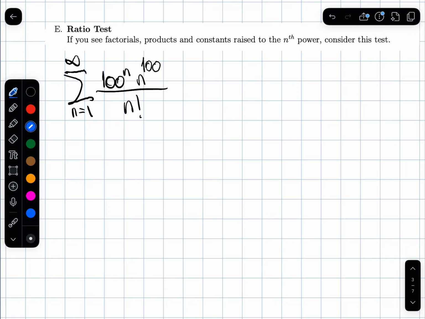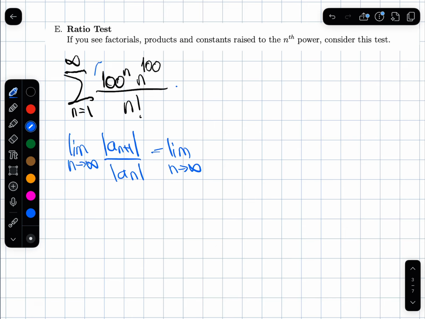Maybe it's a good idea, maybe it's a bad idea, I don't know. But I will try it out at least on scratch paper, and if it works, I'll actually use that as my solution. So for this one, the ratio test actually works. I would do this, and like I said, I'll go through this kind of fast because we've done it before.